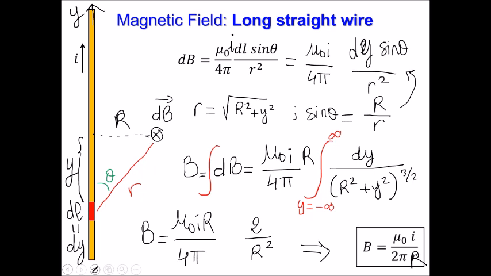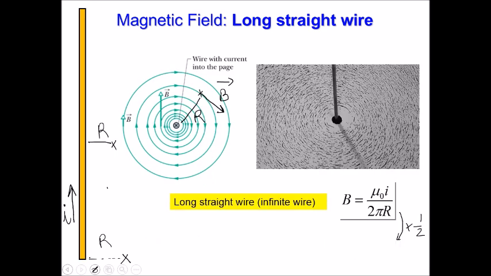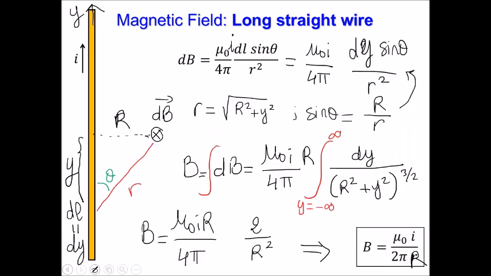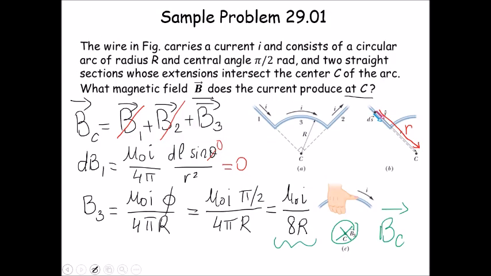Mu 0 I over 2 pi r is about the magnetic field at a point at a perpendicular distance r from the wire. It's not a formula for a point in the same line as the wire. We cannot apply this formula. So in this example, the point is along the line of the wire. That's why the field is 0.